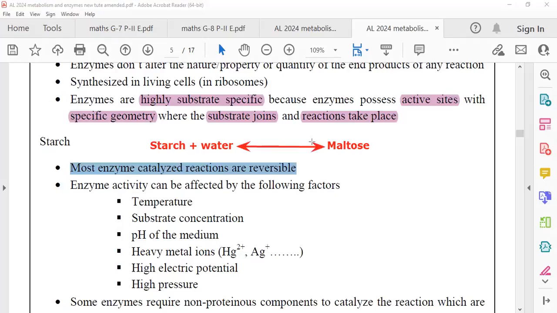Reversible means starch and water can form maltose. Understood? Yes, sir. Starch and water can form maltose. Opposite, reverse: maltose can form starch and water.